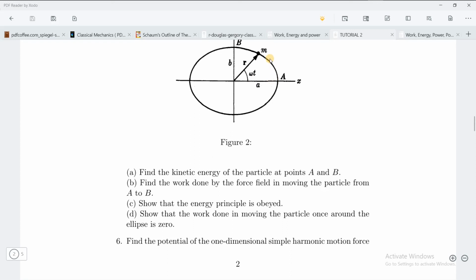That's the only way we'll move once around the circle. For us to move this path we have to go 360 degrees, which is equal to 2 pi. So the limits of integration for this part will be 0 to 2 pi. We just say omega t is equal to 2 pi once it has gone around the ellipse.